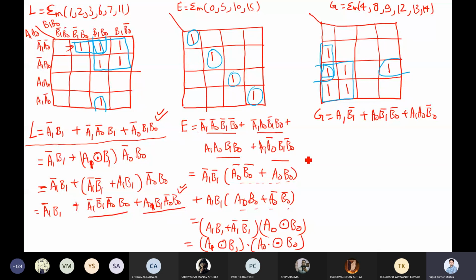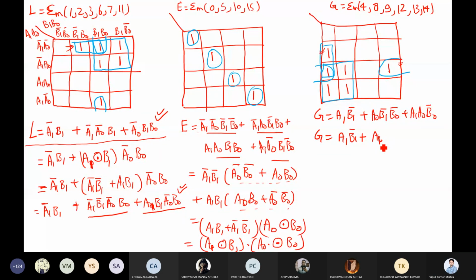Right. Again, for greater than, now I'm going in the reverse direction. For greater than, let me take these two independently. This one and this one. Instead of making a pair, I will take them independently. So for this, it will be A1 B1 bar plus, let me take this. What will be the value for this?